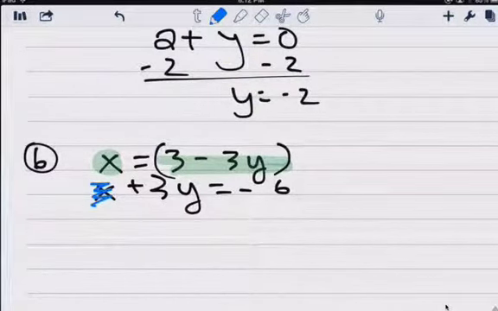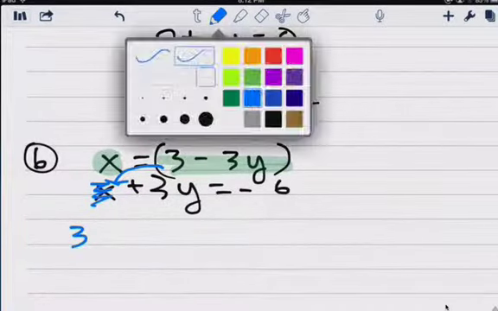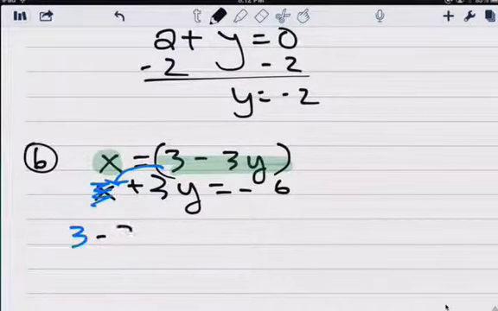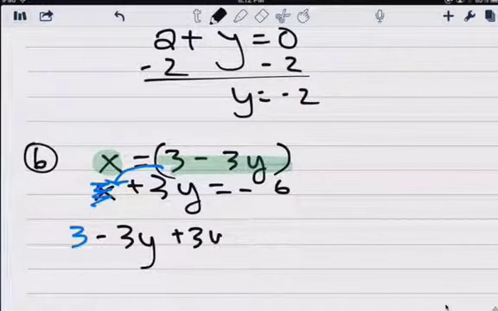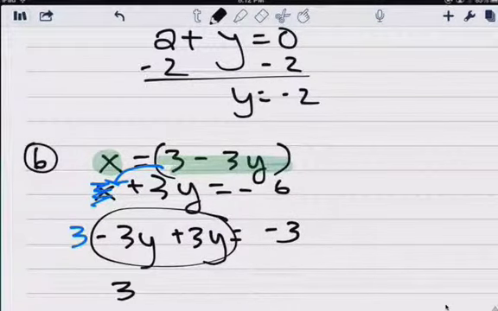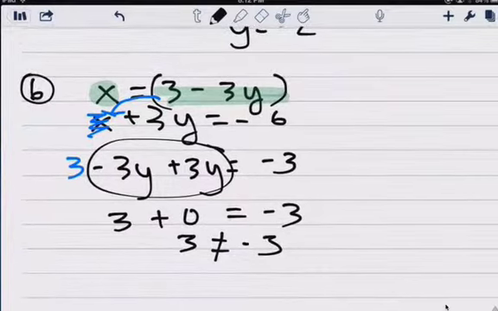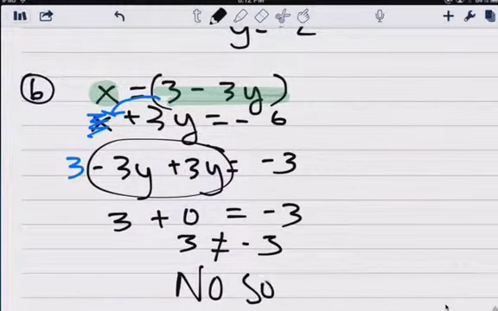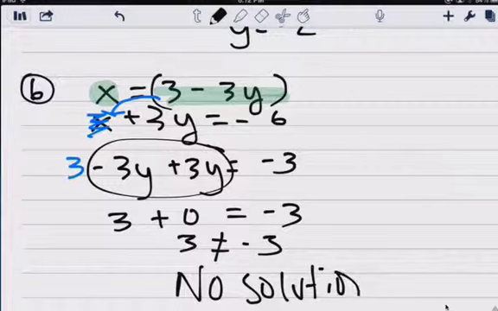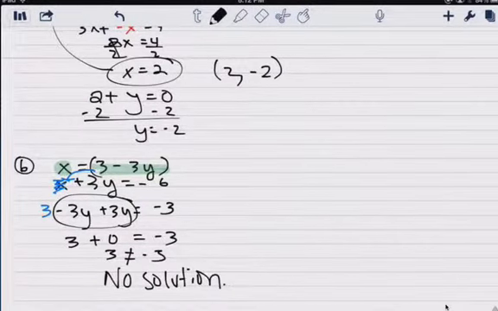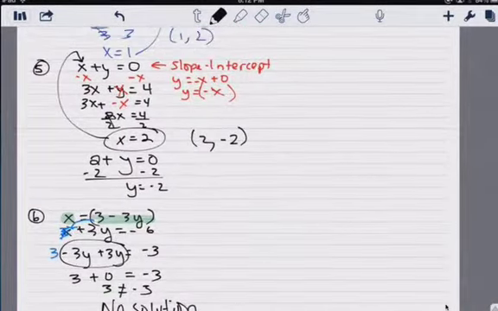So I eliminate that, put where that x is. 3 minus 3y plus 3y equals negative 6. 3, and 0 plus 0 equals negative 3. 3 does not equal negative 3, so it's no solution. There's no answer. These two are parallel, they'll never meet, so it's no solution. So that one needs to be crossed out.